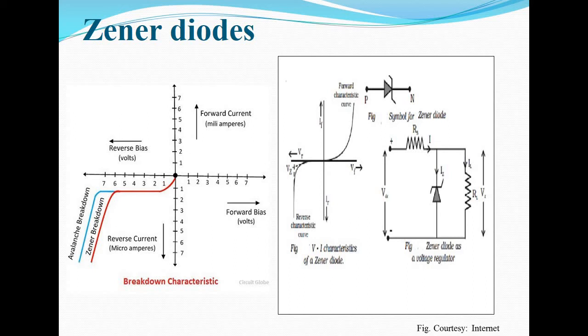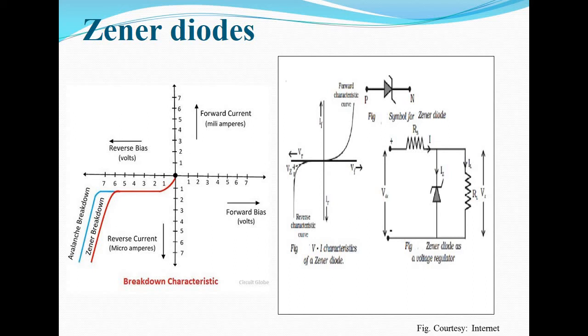In the case of avalanche breakdown, a high reverse potential is there because of the lightly doped p-n junction, whereas the Zener breakdown happens at a low reverse potential.